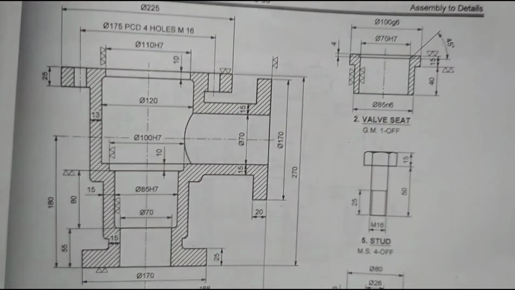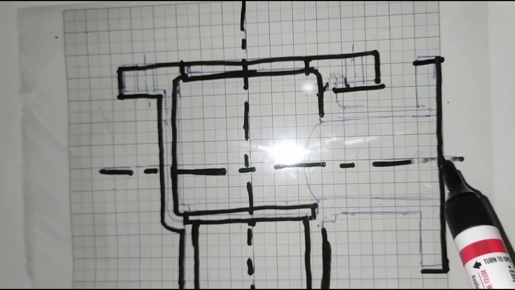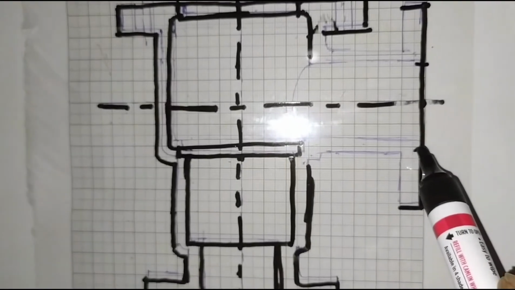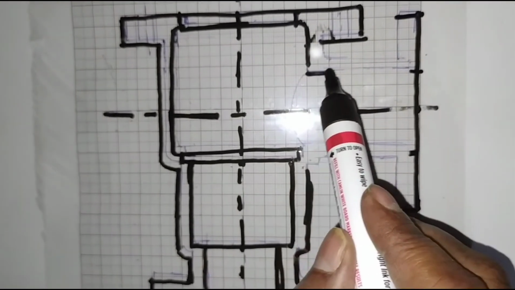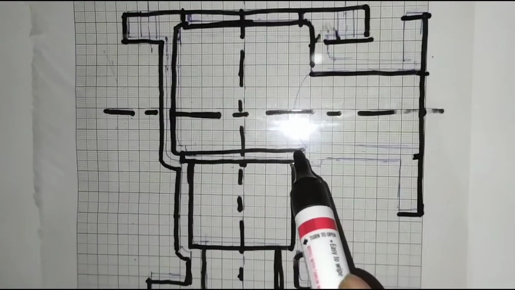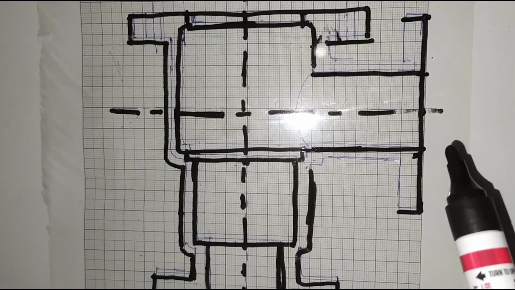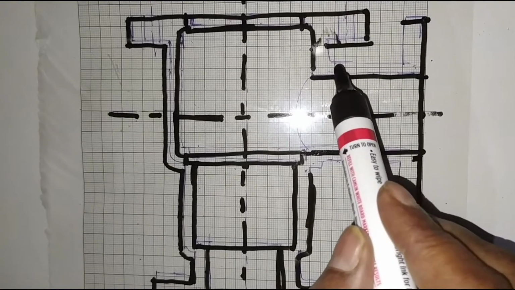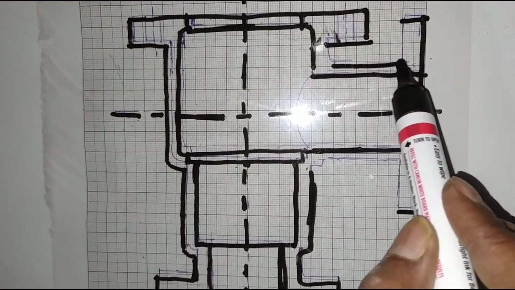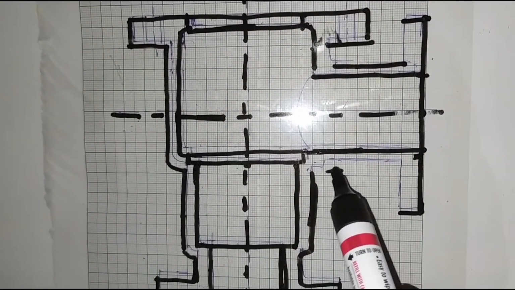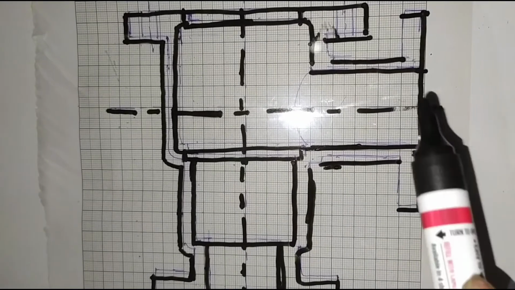This is the 70 mm internal diameter, 35. I will draw the straight line here. What is the thickness? 15 mm, 15 mm on either side.